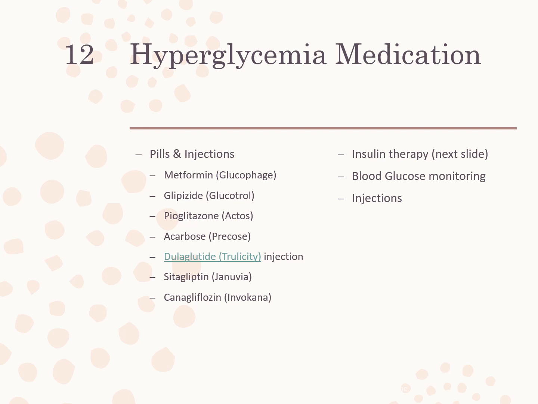And we need to make sure that our patients report abdominal pain and nausea. This may mean that a person has pancreatitis. I actually have a video of a Trulicity commercial, and they mentioned that in their commercial.